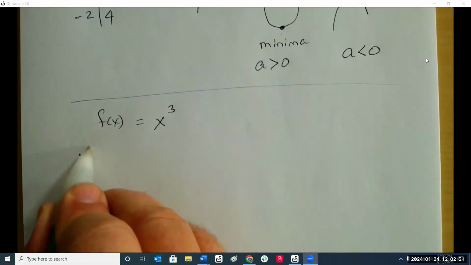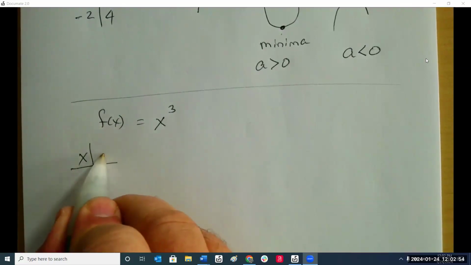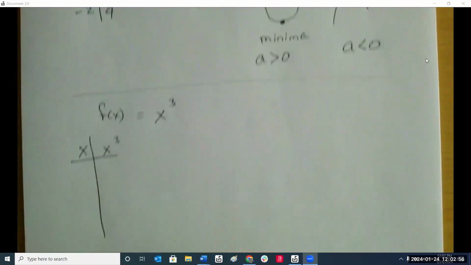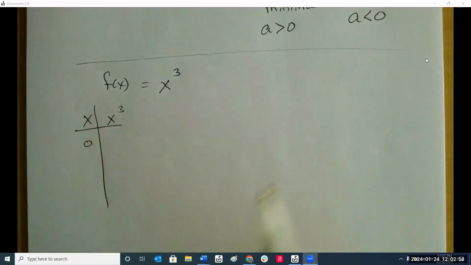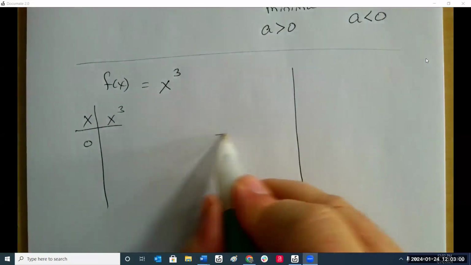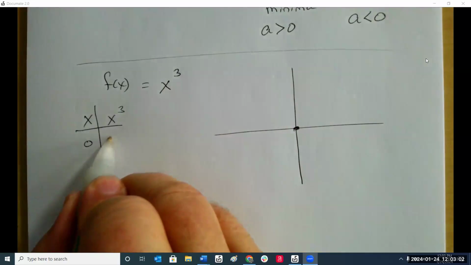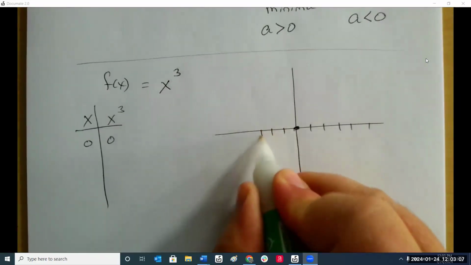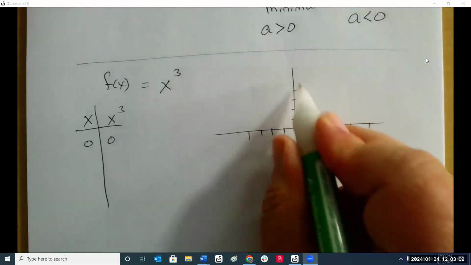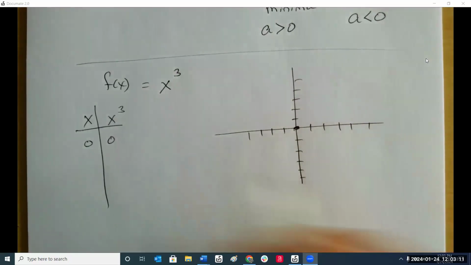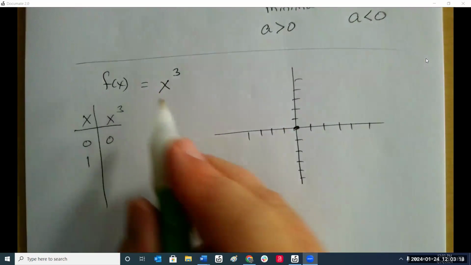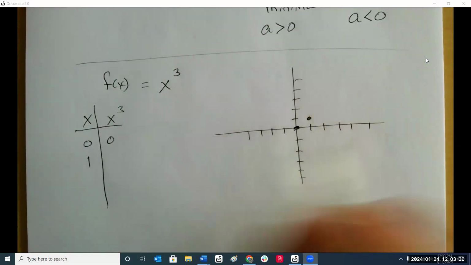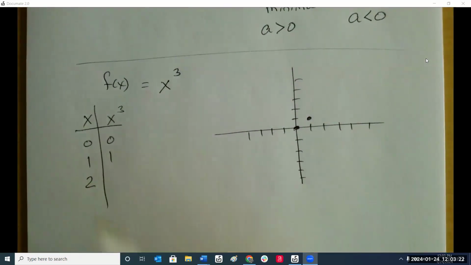Let's look at this one. If x is 0, what do we got? 0. If x is 1, what do we got? Yeah, 1 cubed is 1. If x is 2, what do we get?